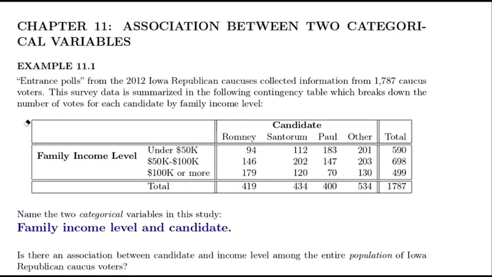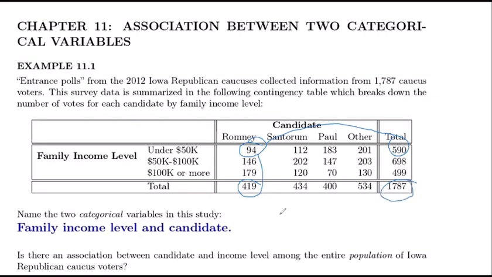So I'm going to show you as an example once again. If I want to get the expected cell count for 94, I'm going to look at the row total for 94. I'm going to look at the column total for 94. Then I'm also going to look at the overall total.